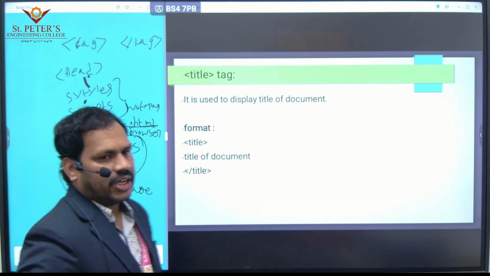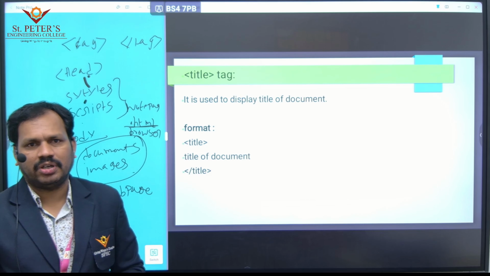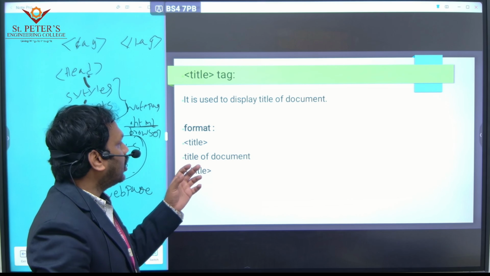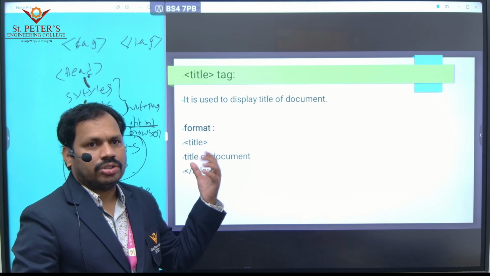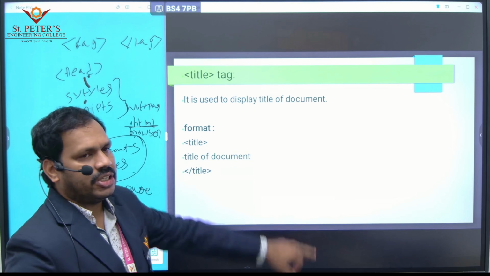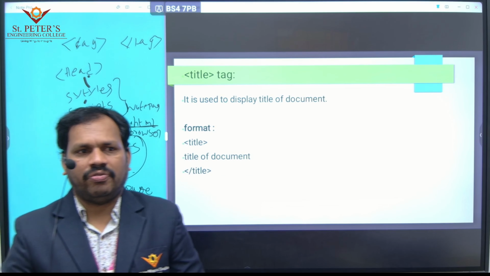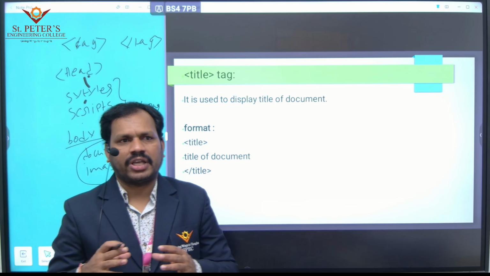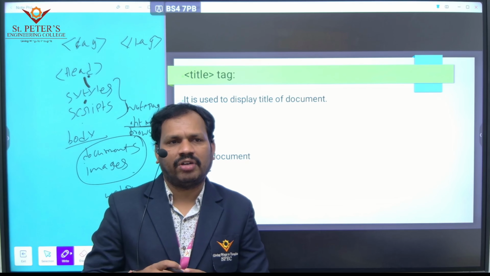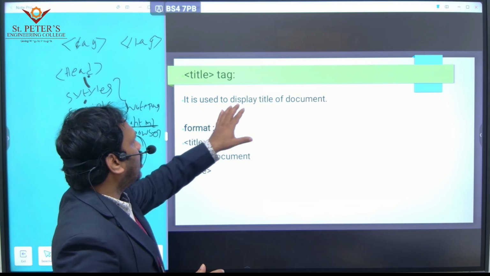Next, the title tag. As already specified, the title information is going to be inside the head tag. The title tag is used to display the title of the document. Every document has a title, or the name of the document, and for this we are going to use the title tag.